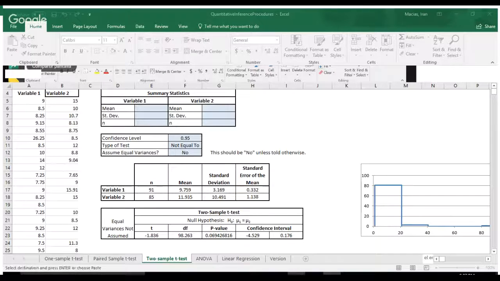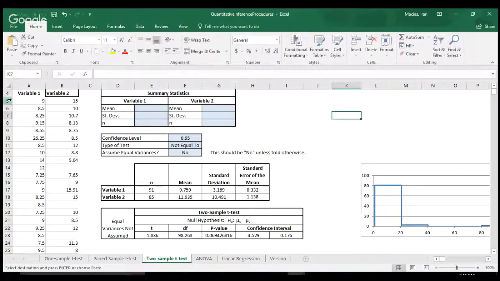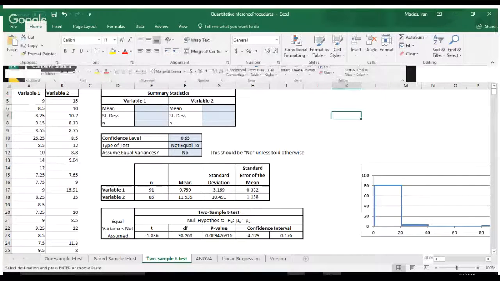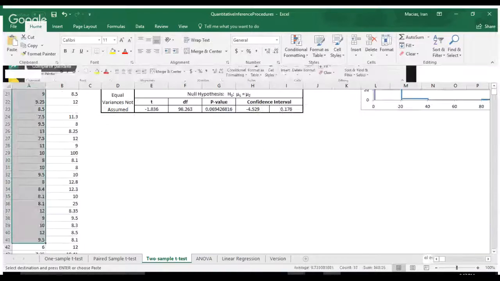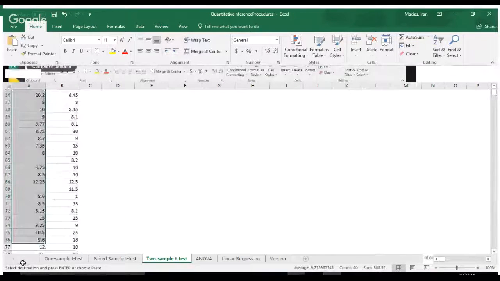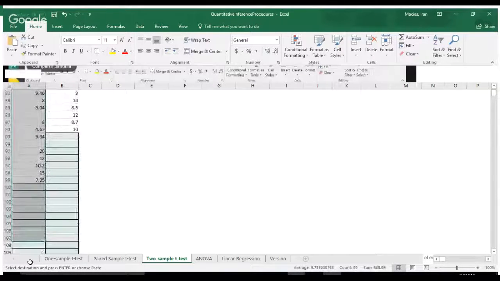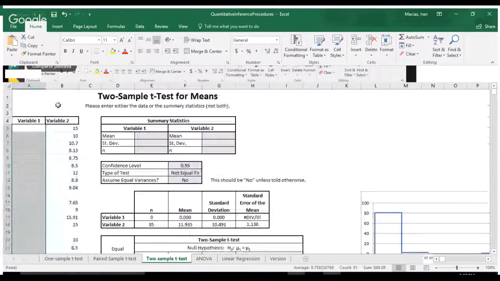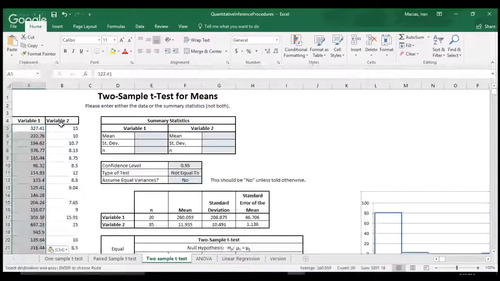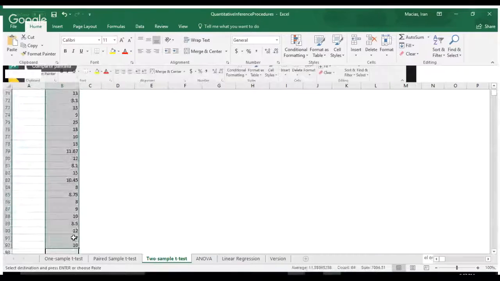Okay. So the first group is, and the second one. Which one did you choose for your first group?